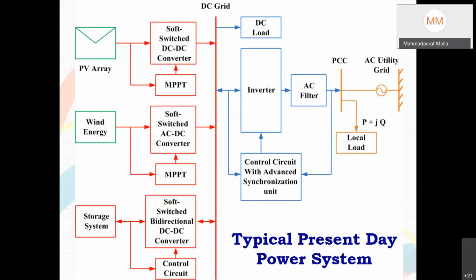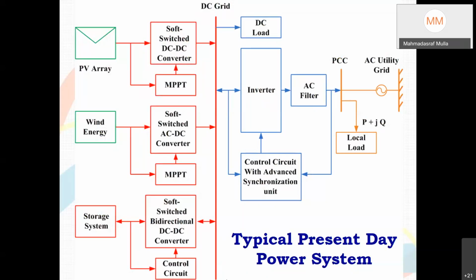Normally during daytime we have sun available, and wind velocity remains good during night time. They also have intermittency, so they cannot provide constant power. So storage is always required. We can store extra energy in batteries, and whenever less generation is happening through PV or wind, we can utilize storage and fulfill the load requirement.